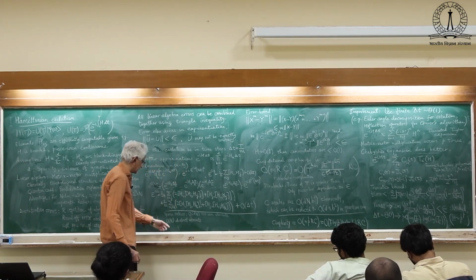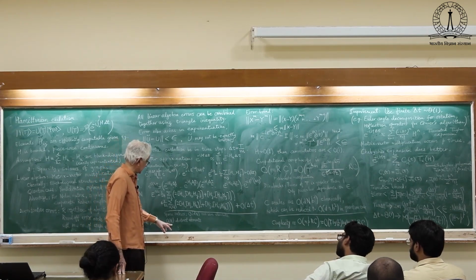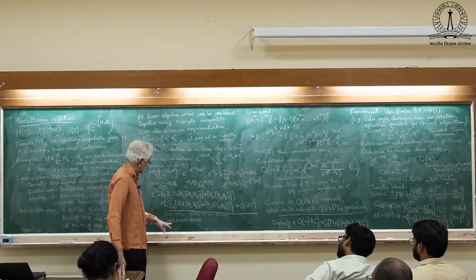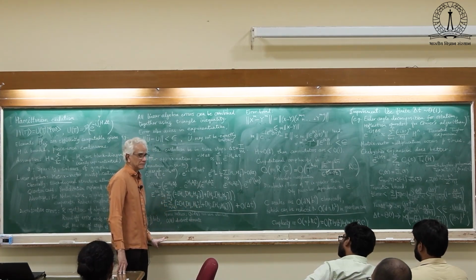And it turns out that there are special matrices which may have n square non-zero elements, but only order n of them are distinct.